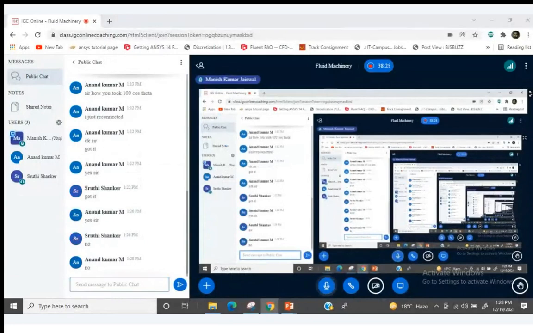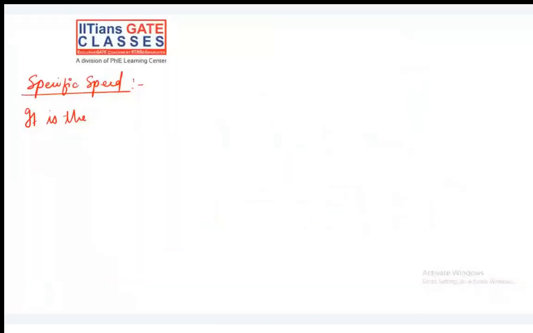Somebody says yes. See, what is geometrical similarity? Let us say that a body has a diameter of 10 mm, and you have scaled it to 100 mm. So there is one scale ratio. When we are saying geometrical similarity, the corresponding dimensions should have the same ratio.